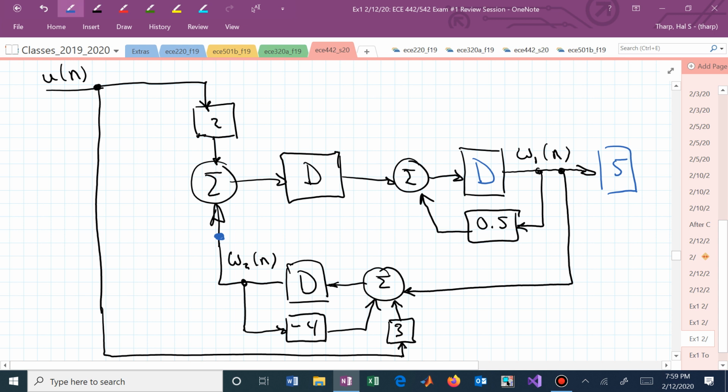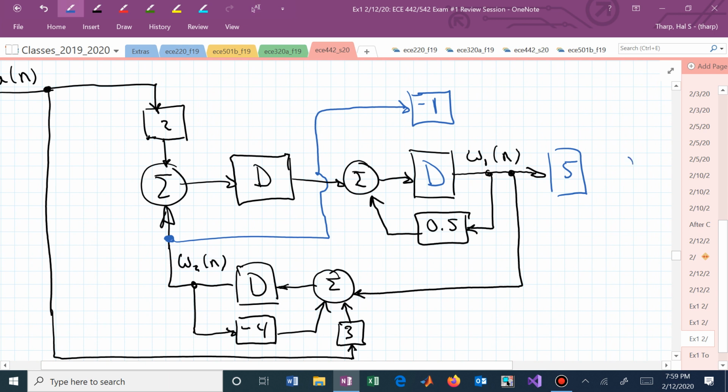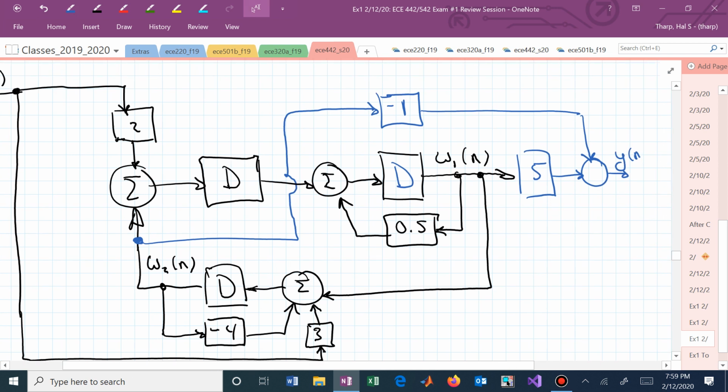And let me go ahead and put my minus 1 there. And all of those, unfortunately for you, I have an infinitely wide piece of paper. There's Y of n. Do you see how you built that block diagram?